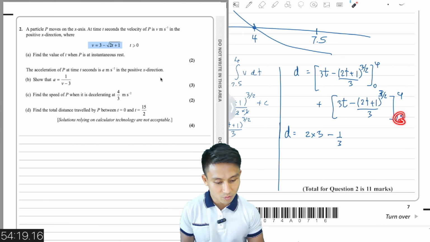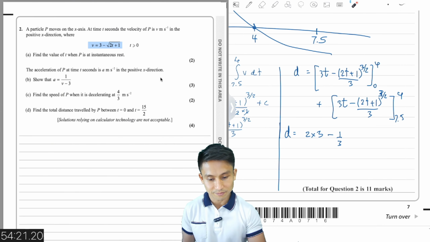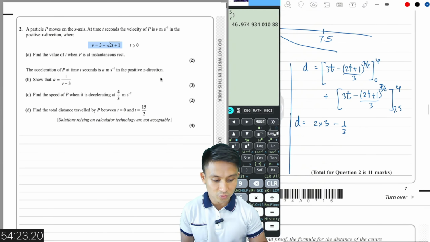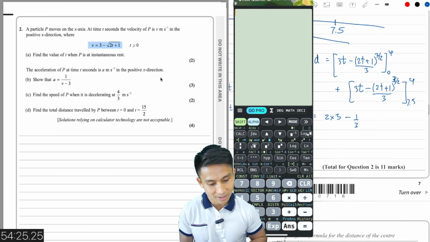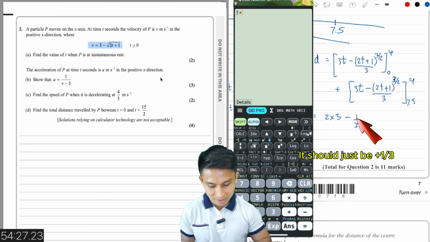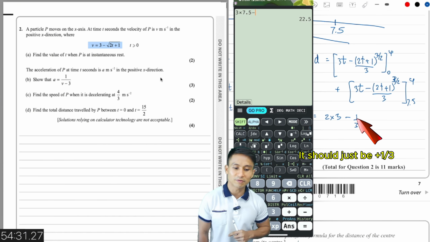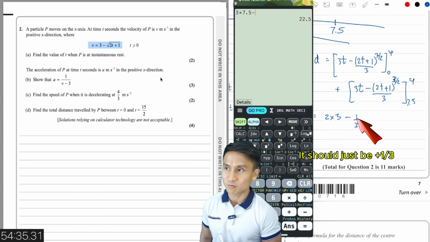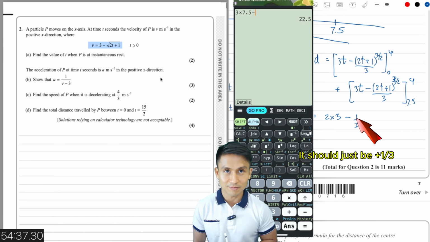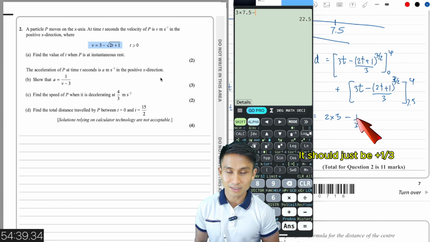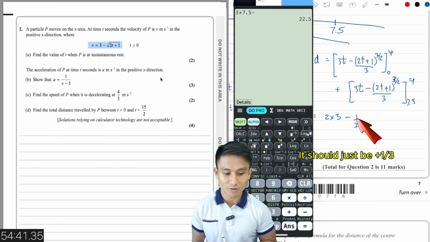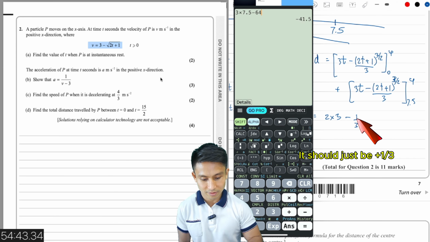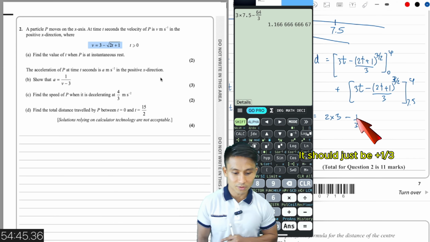And putting 7.5 into these, I'm just going to use the calculator, guys. So 3 times 7.5 minus, 7.5 times 2 is 15. 15 plus 1 is 16. 16 to the power of 1/2 is 4. 4 to the power of 3 is 64. 64 divided by 3. Okay, so that's just it.